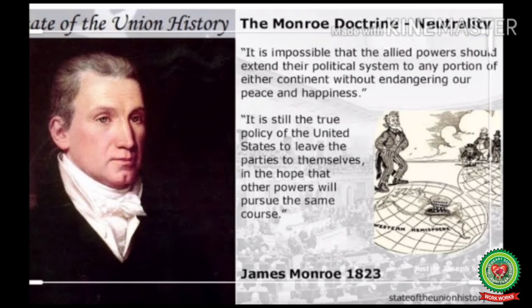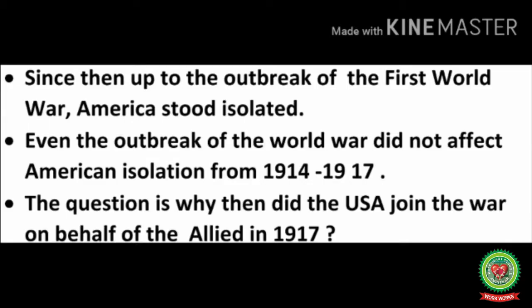James Monroe, the fifth American president, in 1823 declared that America would not involve herself in world politics. Though America was much closer to the Allied group in the First World War, yet it decided to remain neutral. Since then, up to the outbreak of the First World War, America stood isolated.